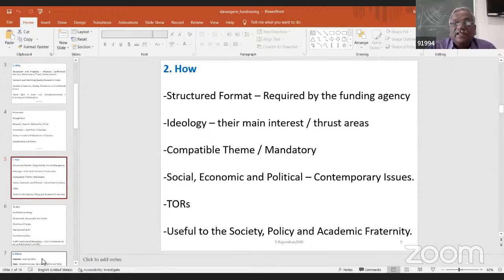For example, there is an agency called the Wellcome Trust located in the UK.